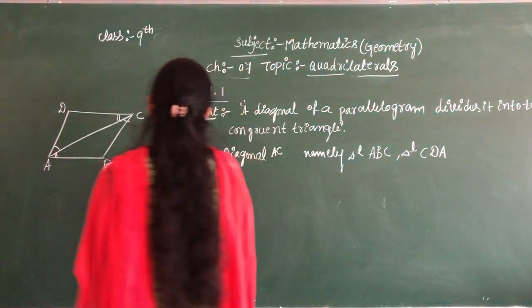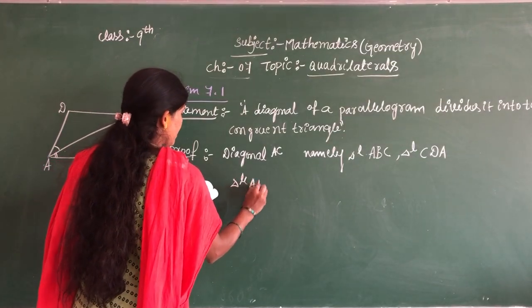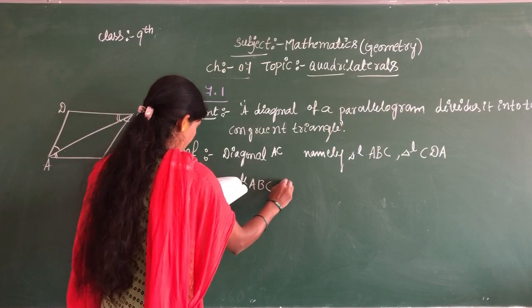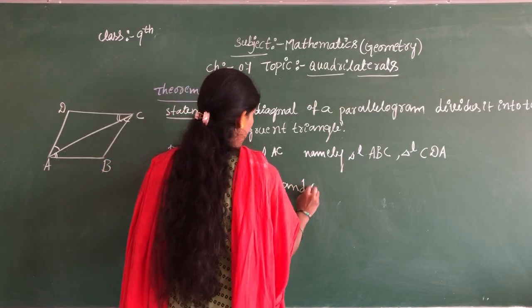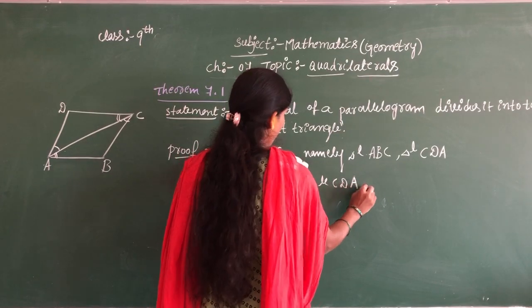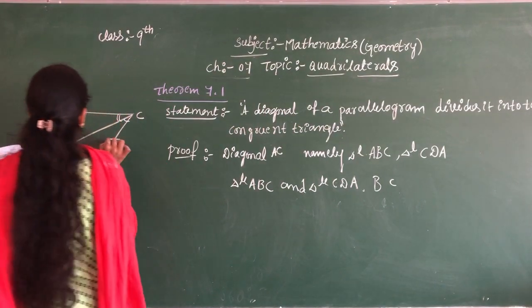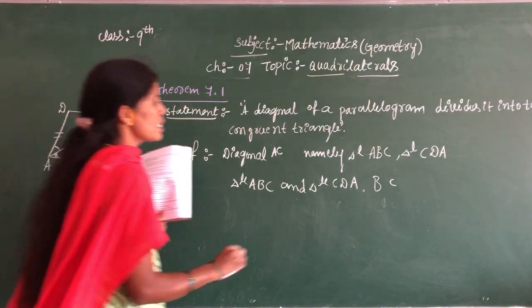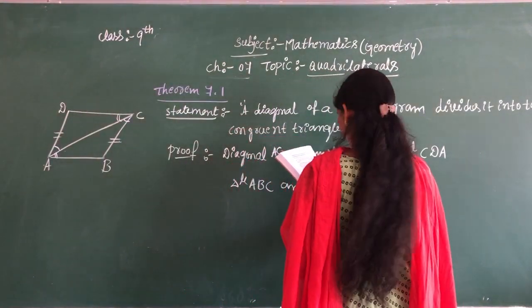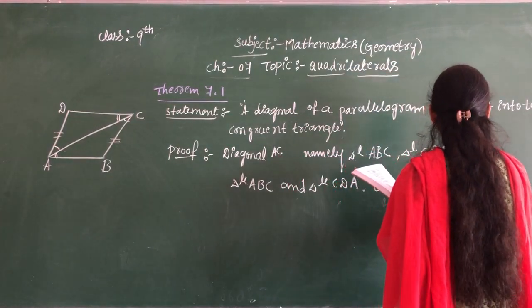Congruent, you already know. Triangle ABC and triangle CDA. BC is parallel to AD, and AC is a transversal.